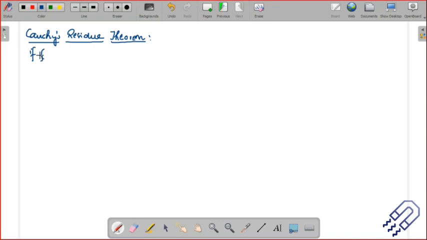Most of the time, we define these things in terms of an analytic function. So let's say if f(z) is an analytic function, I suggest all of you write this down and keep this statement handy.